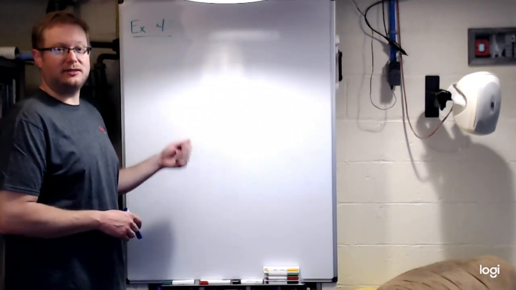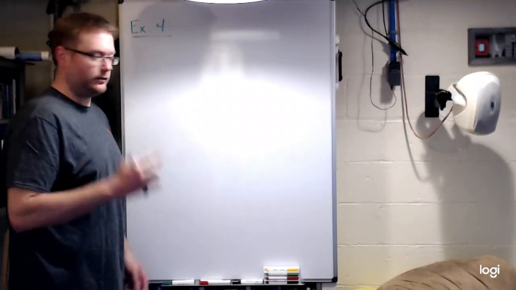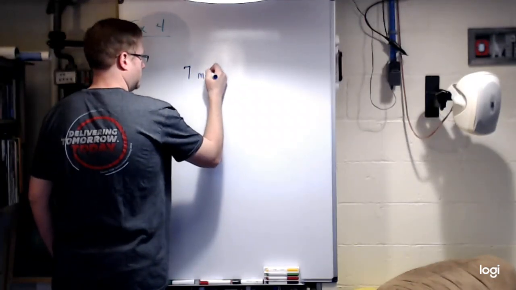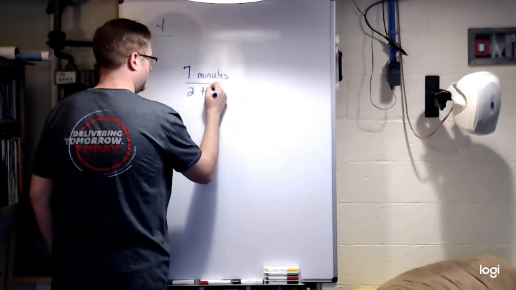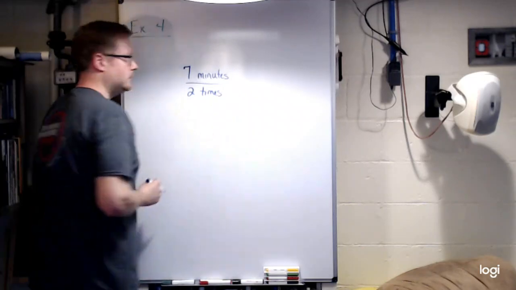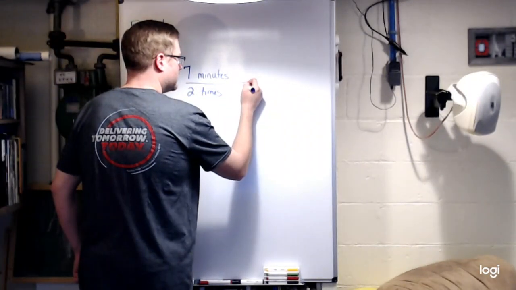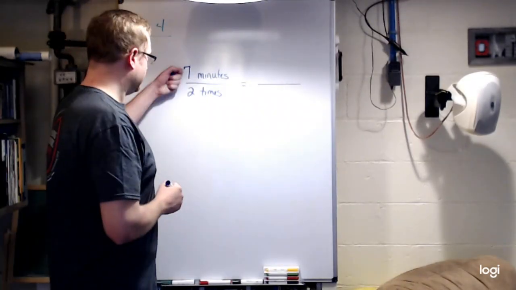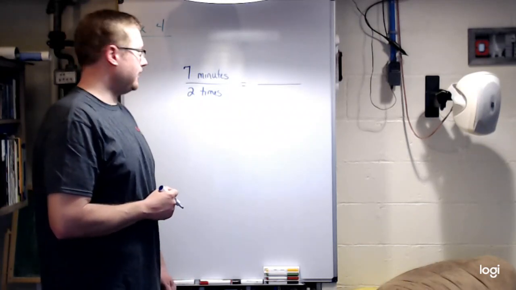It takes 7 minutes for Isabella to walk around the gym twice. 7 minutes gives us 2 times around the track. There's our ratio. Set up a proportion.